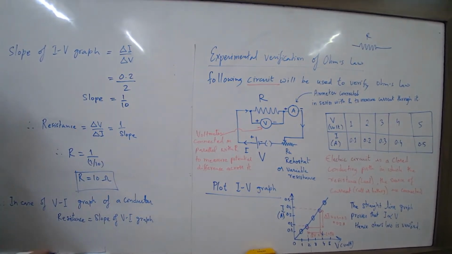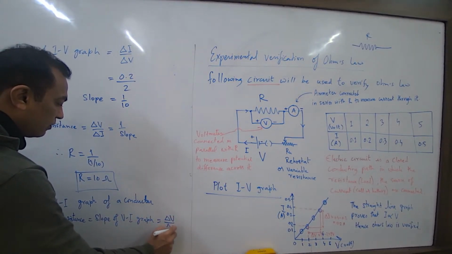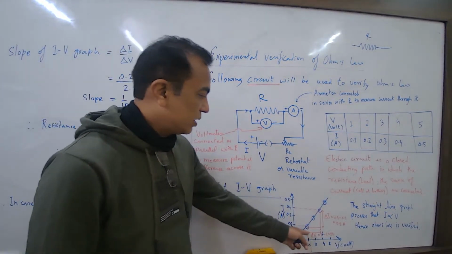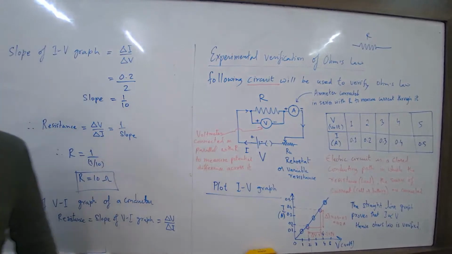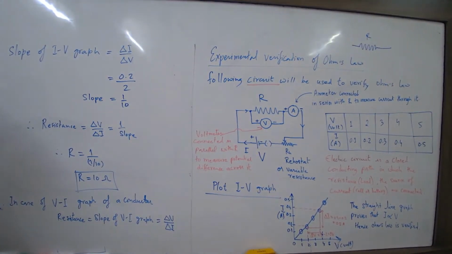Because in this case, you will get directly delta V by delta I. Whereas in the IV graph, the slope was delta I by delta V. Is it clear? So, this is a small variation.